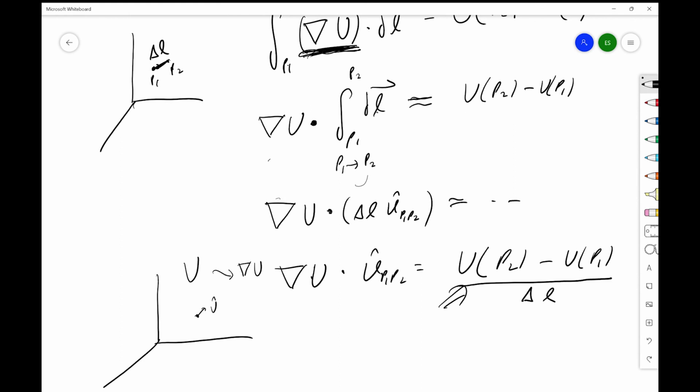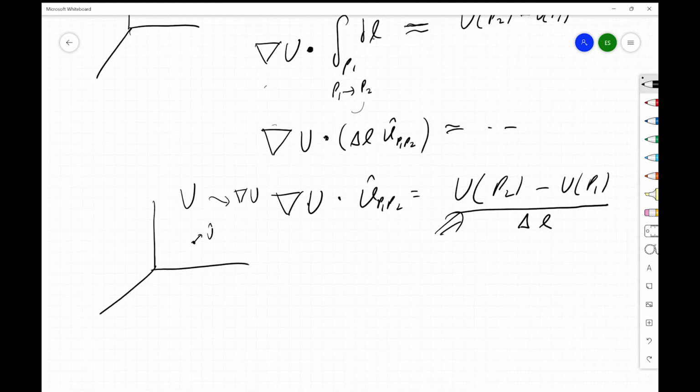If you dot it with some other direction, it will give you a different rate of change, which is the rate of change of U in that other direction. So grad U is really the directional derivative. That's essentially what it is.